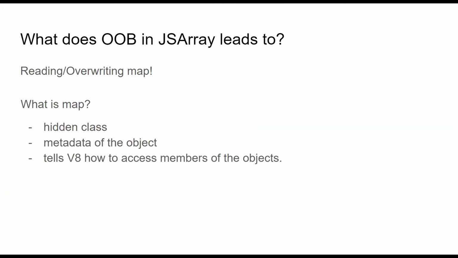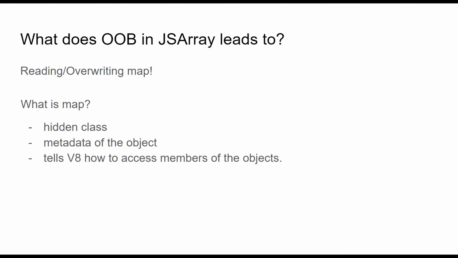But what is a map? In some places people like to call the map a hidden class because it tells V8 how to access the members of the object. It's essentially the metadata of the object. So if we have an OOB vulnerability in the JS array, which allows us to override the map, it will make JS confused about the type of the object, because V8 is using the map to decide how to access the properties of this object.